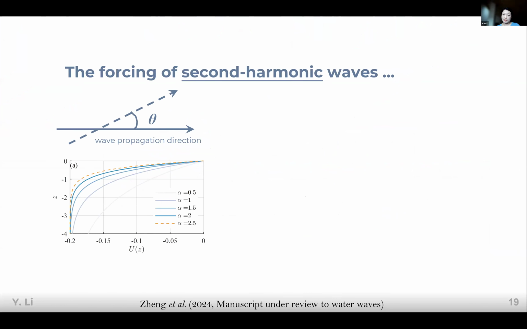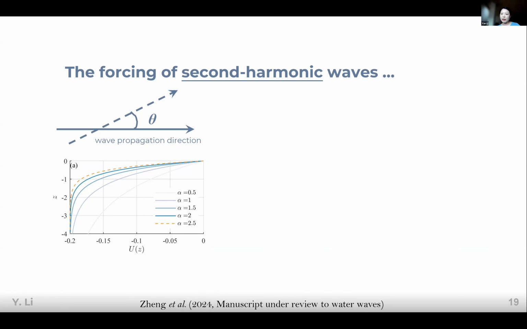Then we take a look at what happens to the wave kinematics because of the second order wave generation. For second order waves, there are two particular components, which are the second harmonic waves and the mean waves.